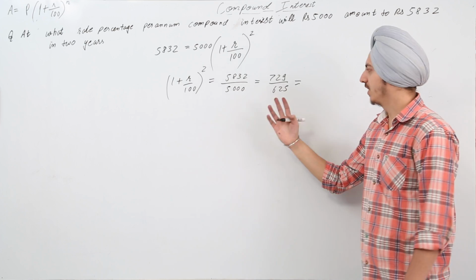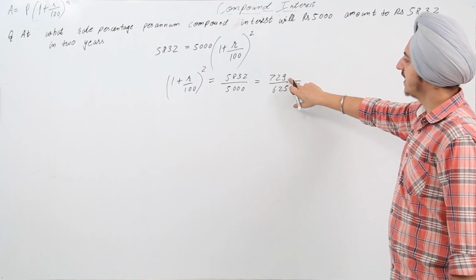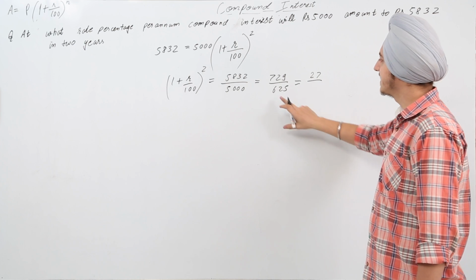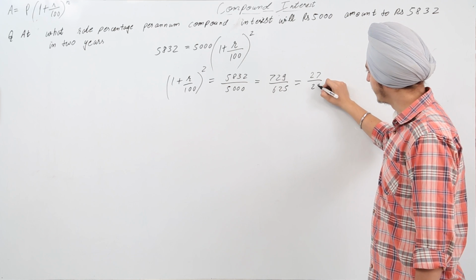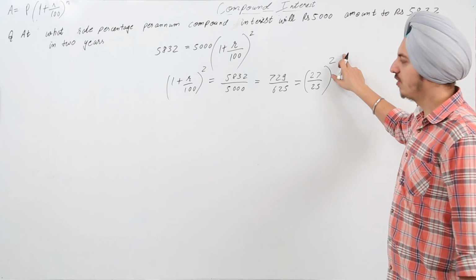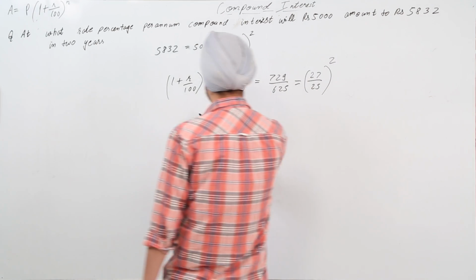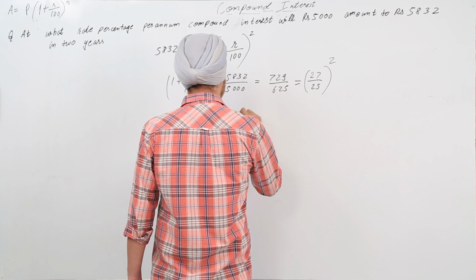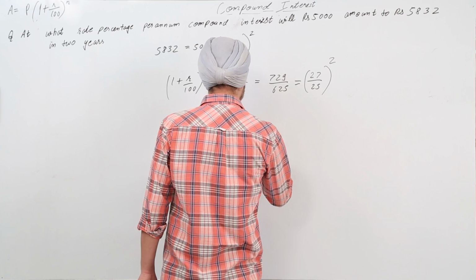Now if you guys realize here, 729 is the square of 27, whereas 625 is the square of 25. So we have 27 by 25 whole square. So we have 1 plus R by 100 is equal to 27 by 25.